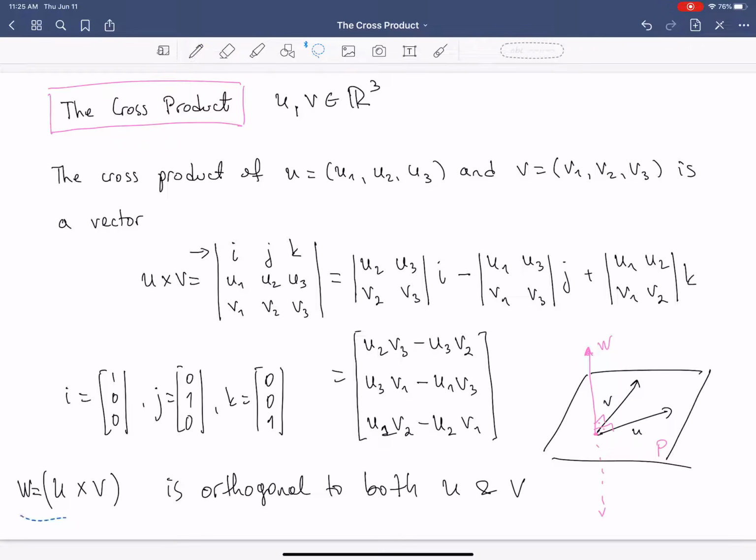Let's demonstrate that that's really so. In fact, it's not quite difficult. What was orthogonality? If you all recall, orthogonality means that the dot product of u with w or the dot product of v with w is 0.